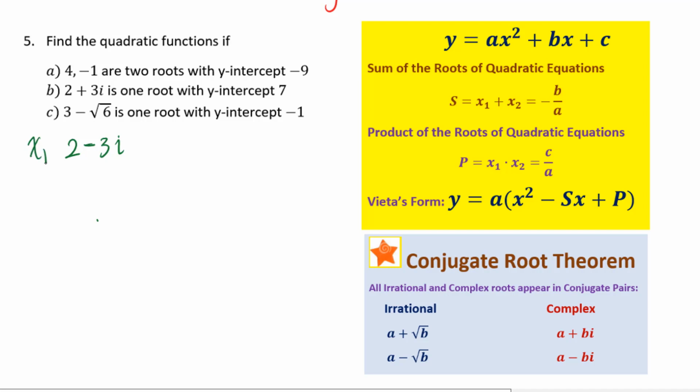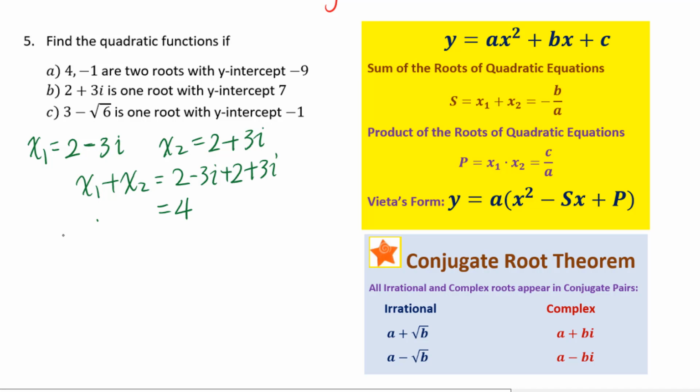Let's label x1 equals 2 minus 3i, x2 equals 2 plus 3i. x1 plus x2 equals 2 minus 3i plus 2 plus 3i. Combine like terms: equals 4. x1 times x2 equals (2 minus 3i) times (2 plus 3i).